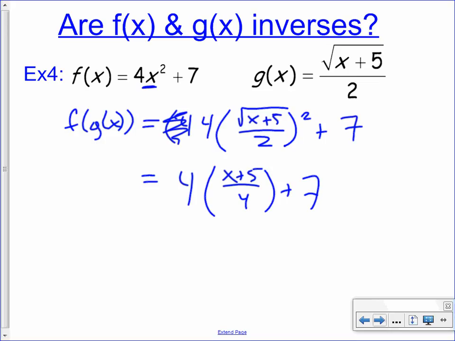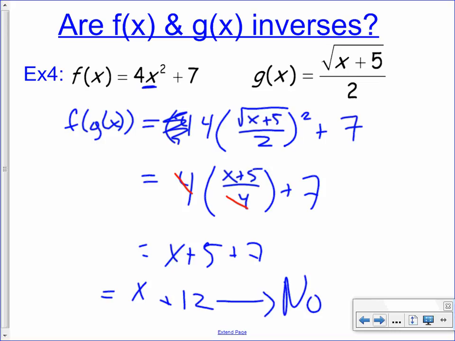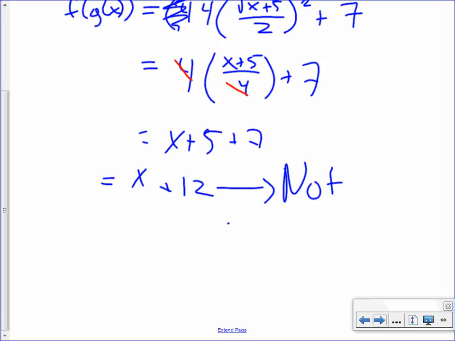Square the root, it's gone. Square the 2, it's 4. Now what? The 4's gone. So x plus 5 plus 7 is x plus 12. It's a no, or not inverses. Okay, so if it's anything other than x, not inverses.